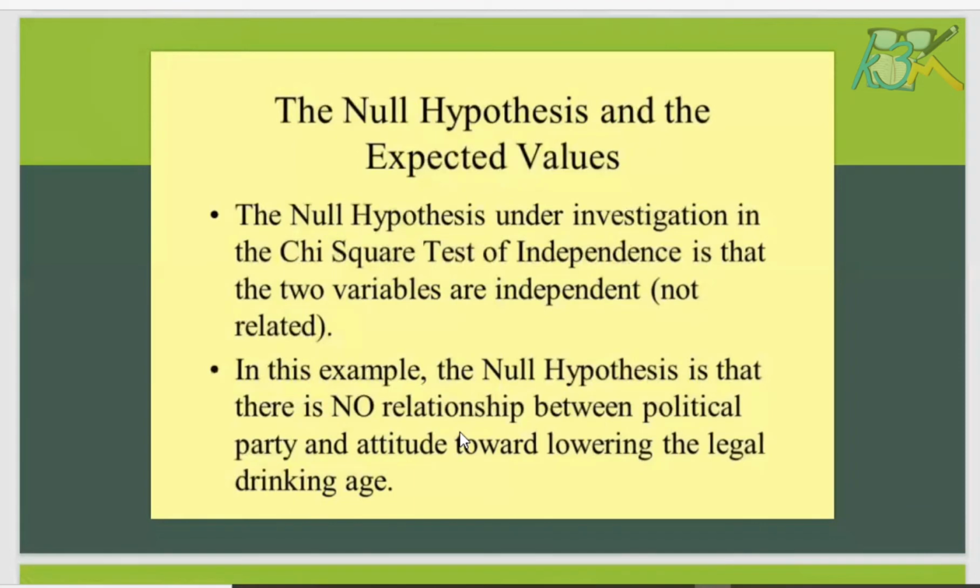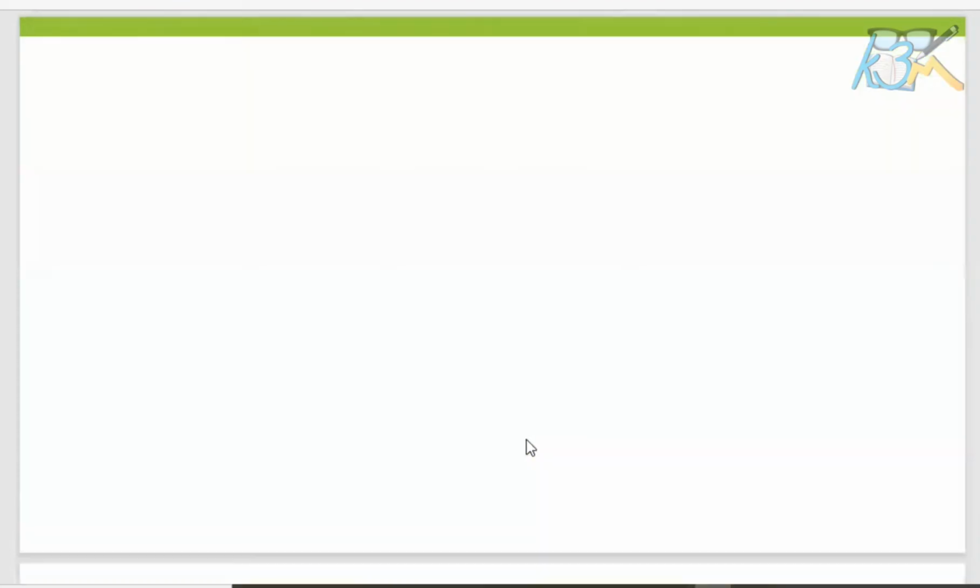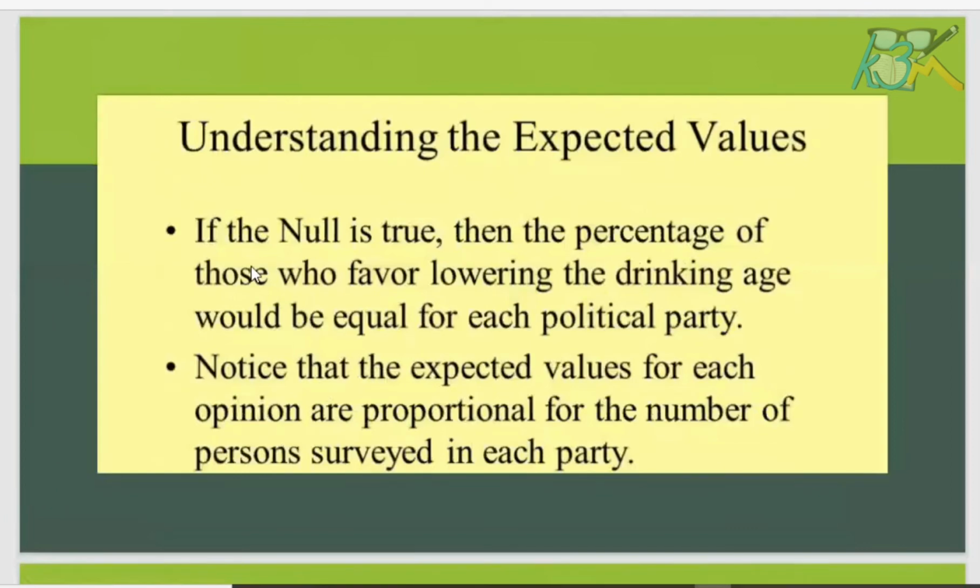Okay? So next, meron na tayong hypothesis. So now, understanding the expected value. If the null hypothesis is true, then the percentage of those who favor lowering the drinking age will be equal for each political party. So mag-equal. Yung sa favor lang, doon lang tayo sa magbase.